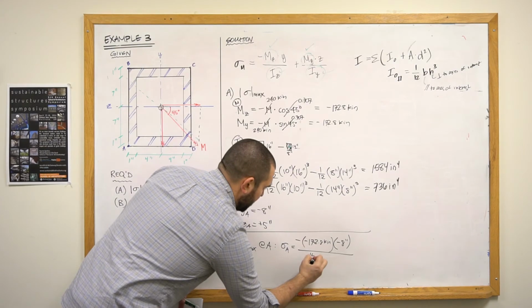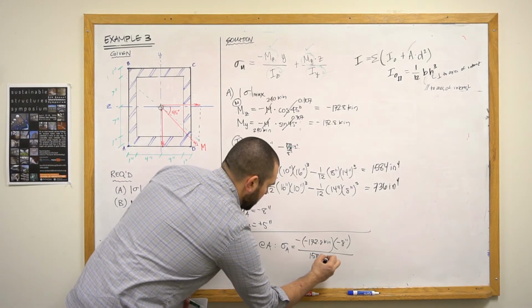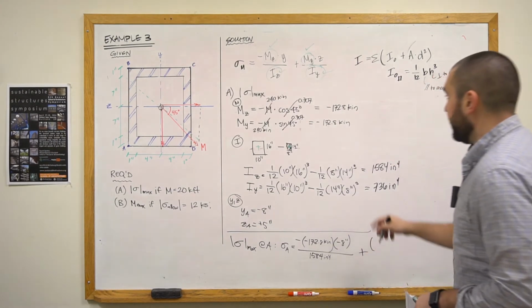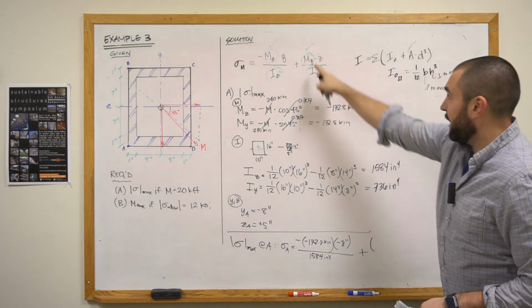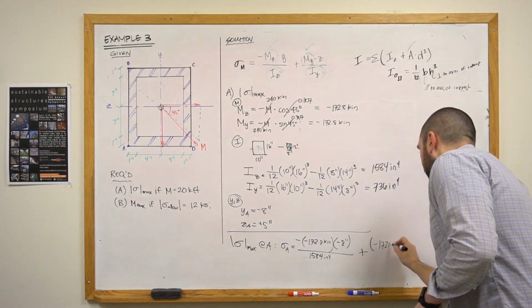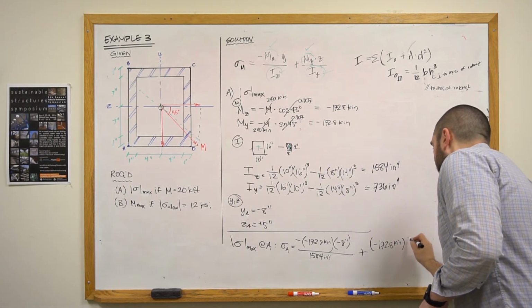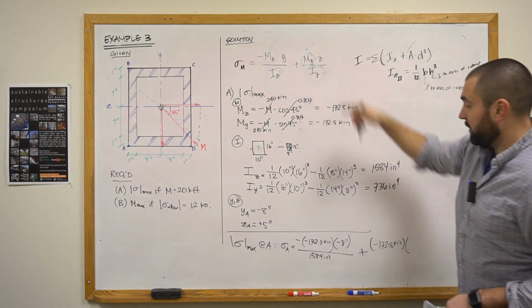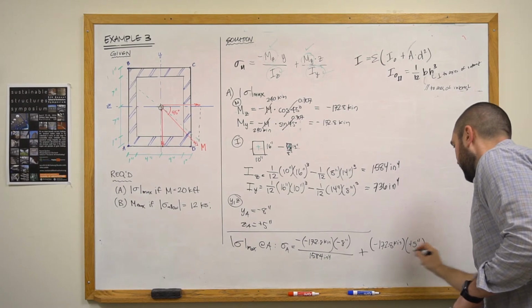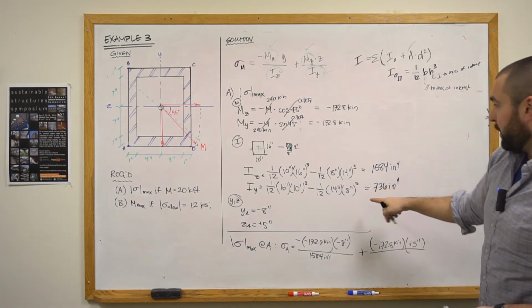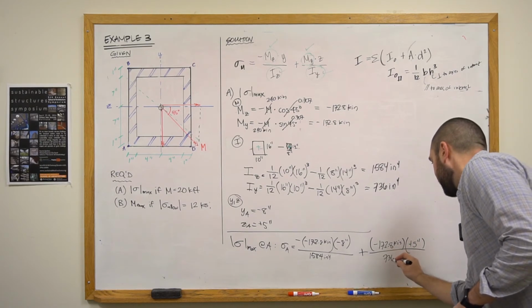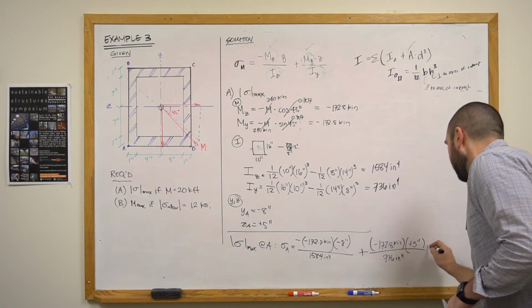It's 1584 inches to the fourth, plus my -172.8 kip-inches times the z coordinate of A, which is +5 inches, divided by the moment of inertia about the y-axis, which is 736 inches to the fourth.